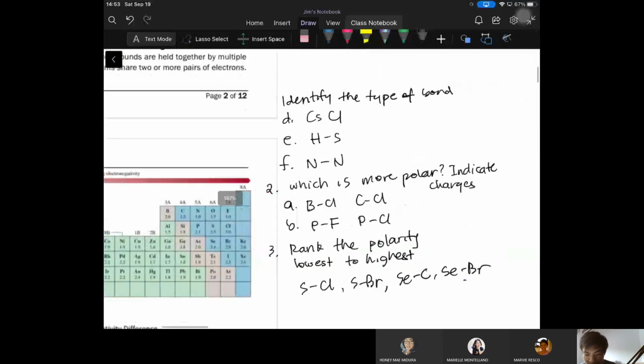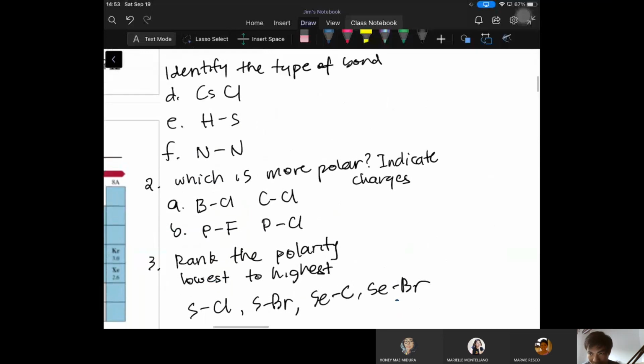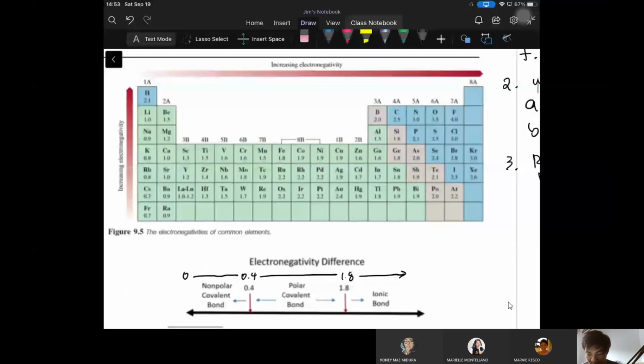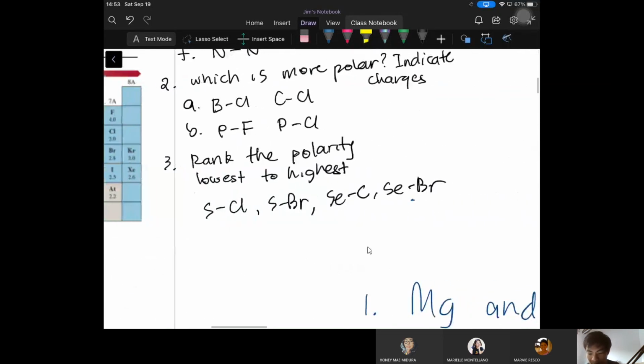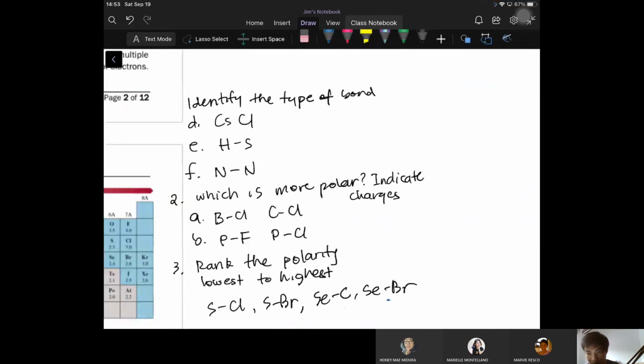So, sagutan nyo na lang. Siguro I will give you 10 minutes to answer this. Nandiyan yung table, andyan din yung activity. Yung table, dito nyo kukunin yung numbers, electronegativities. Dito nyo ima-match kung nasan siya. Then, you identify the type of the bond, then you indicate the charge. Okay, so bigyan ko kayo ng 10 minutes. If you have question, chat nyo na lang sa box natin. Okay, so yun lang.